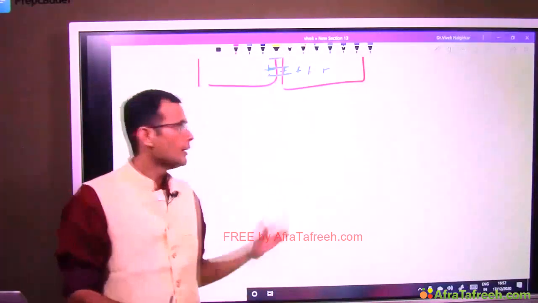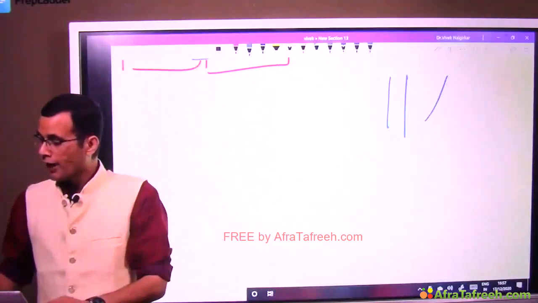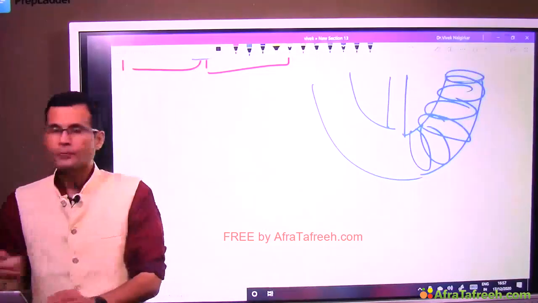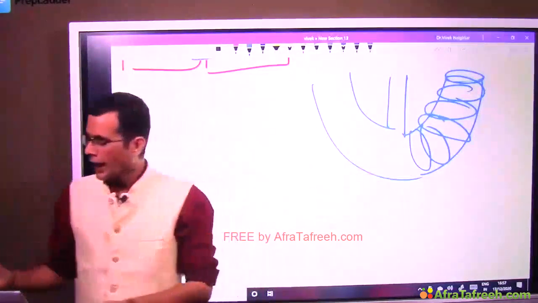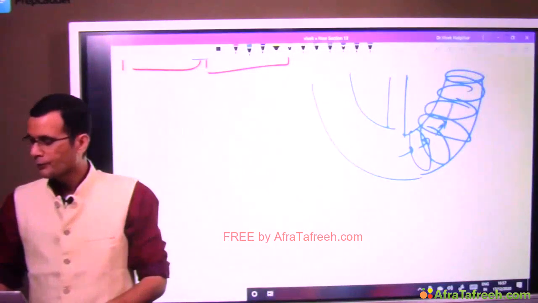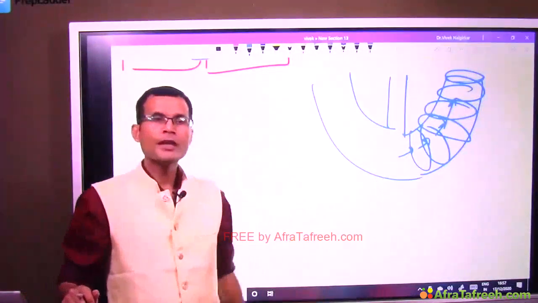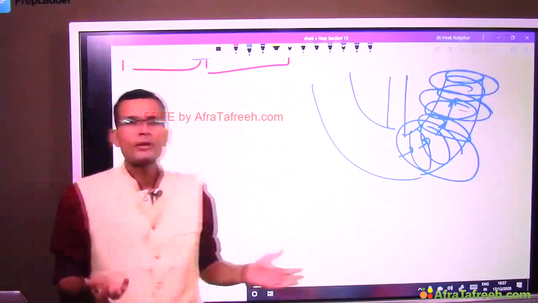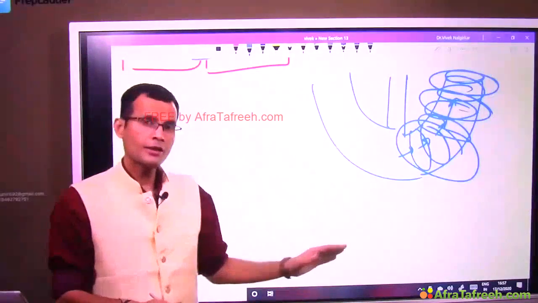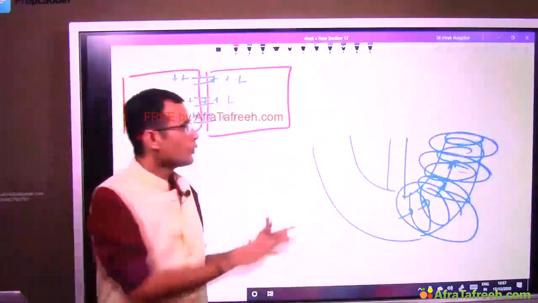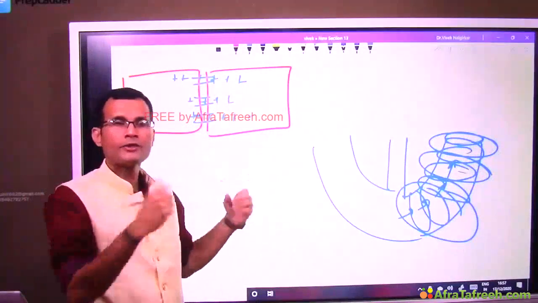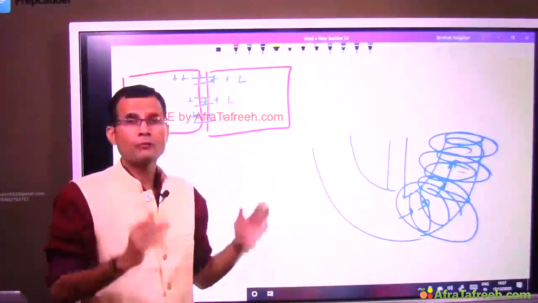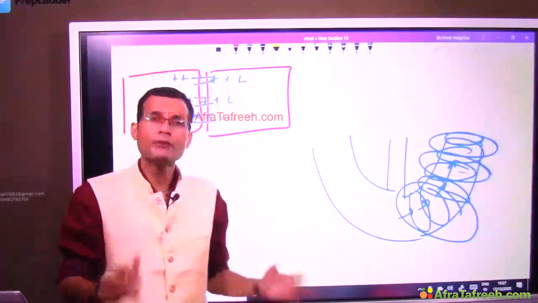That's very important, because otherwise, suppose there are these myocardial cells, take it as a representative diagram, and if the depolarization spreads cell by cell, slowly, then this cell will contract first, then the next, then the next. It will not be effective. Rather, all the fibers excite very rapidly at once, and therefore all of them contract together as one bundle, and that makes the contraction very, very effective.